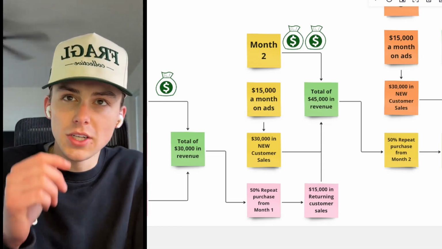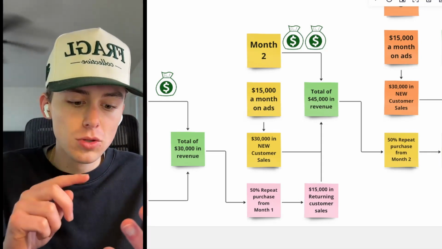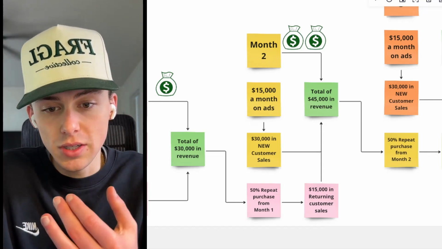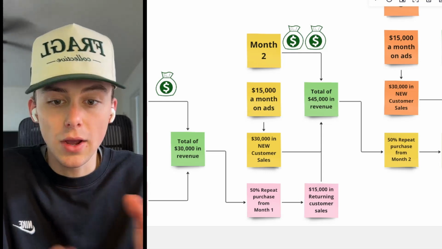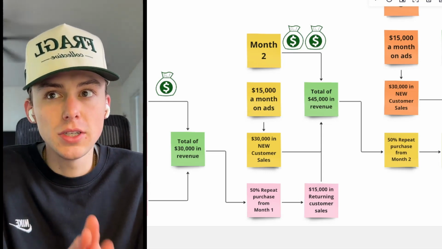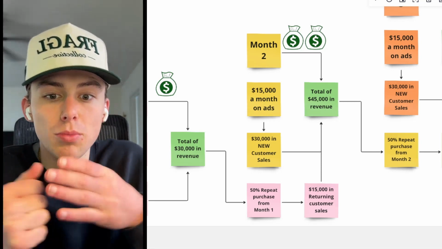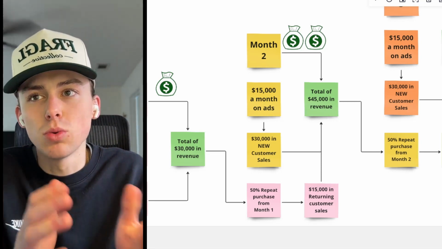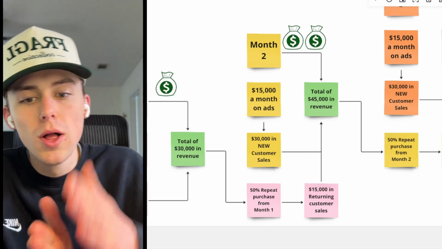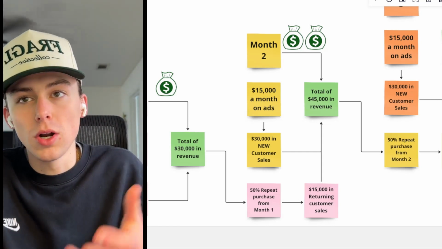And so that does two things. One, it increases the LTV of the clients, which lowers your CAC on month one. So you actually could have spent more on ads because you were more profitable, or I guess you could be less worried about the ad spend because you know that 50% of those people are going to purchase.